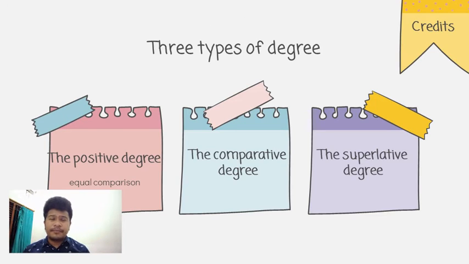And there are three types of degree. The first is the positive degree, or you can say it as equal comparison. The second one is the comparative degree, and the last is the superlative degree.